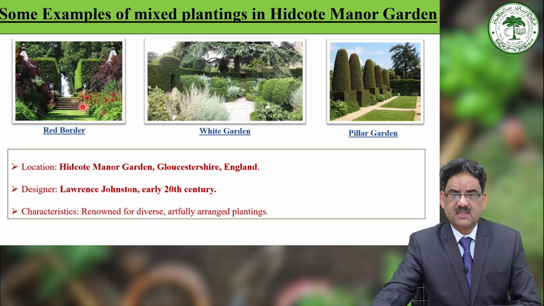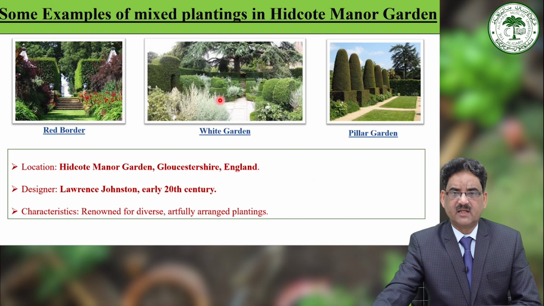The first image is the red border. This area features a vibrant mix of perennials including red hot poker, roses, salvias, and dahlias.